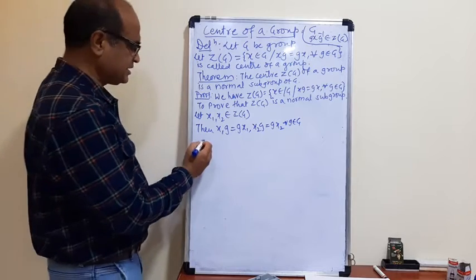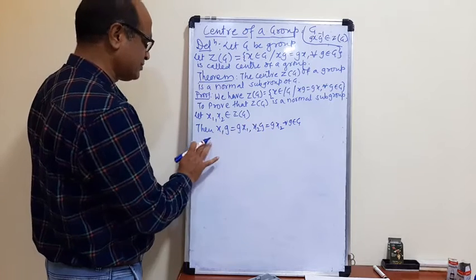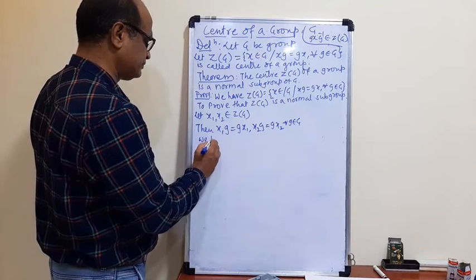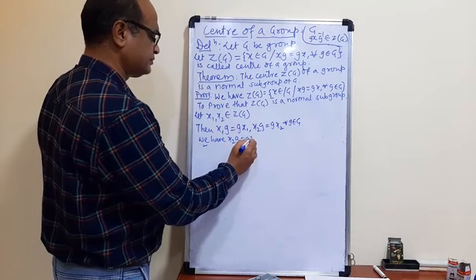So this implies that we take this part: x2g is equal to gx2.